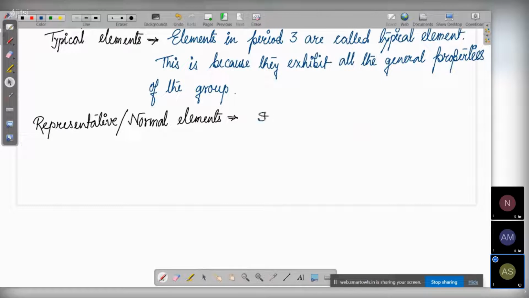S block and P block elements except group 18.